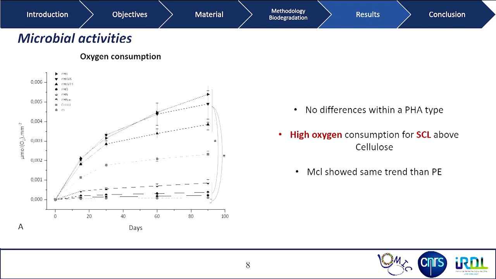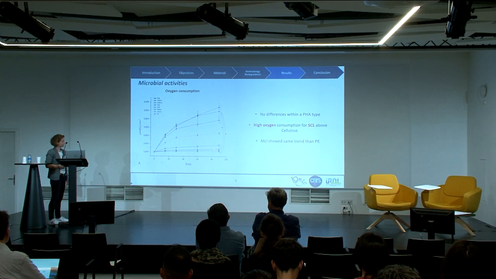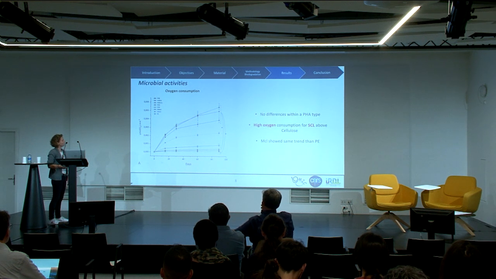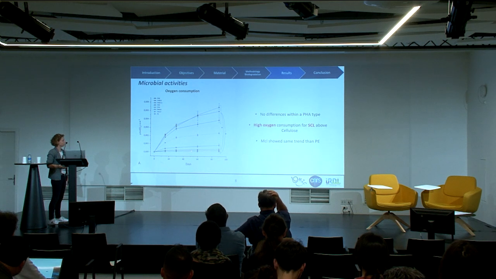They are all above the positive control, which is here, the cellulose. Then we found the medium chain here, PHN, PHNAC, and PHO, and at the bottom, polyethylene, which is non-biodegradable. Here we see a high oxygen consumption for cellulose and less oxygen consumption for medium chain.